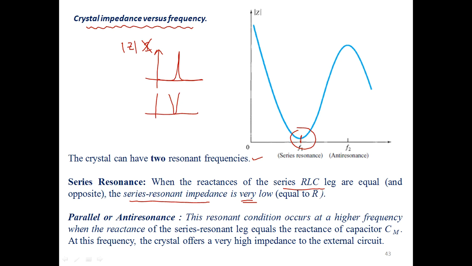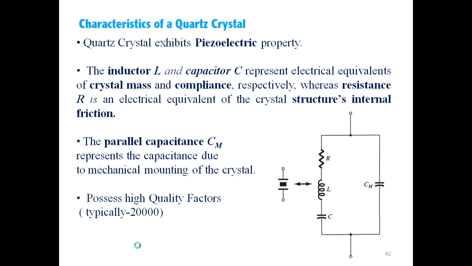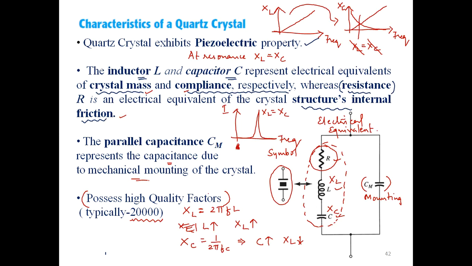Now the special feature of a crystal is that you also have one more frequency called the anti-resonant frequency. This anti-resonant or parallel resonance happens at a higher frequency, when the reactance of the series resonant leg equals the reactance of the capacitor Cm. This is one very important thing. In the previous slide, whatever explanation we did was only with respect to the series RLC.